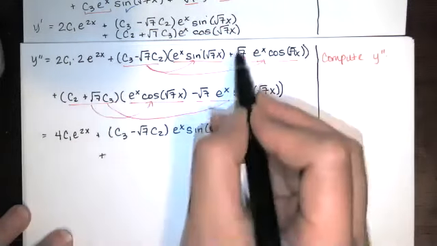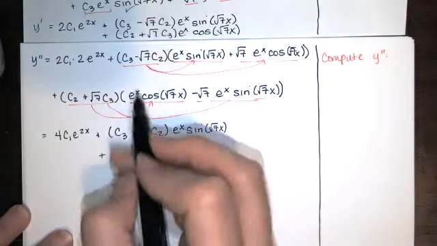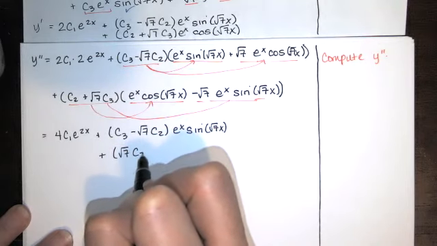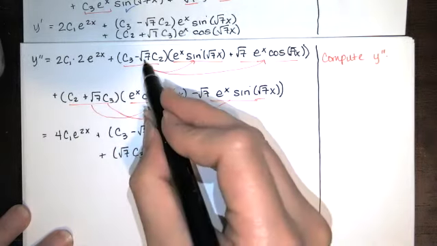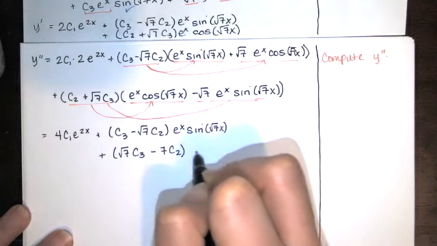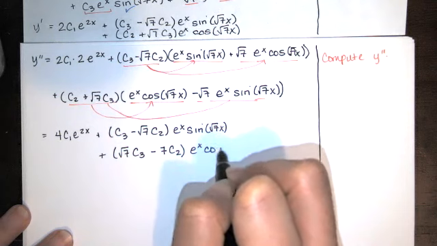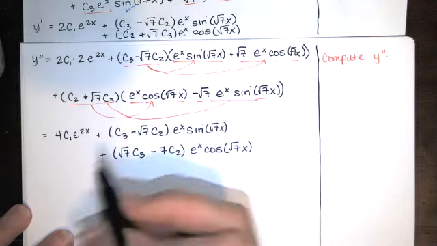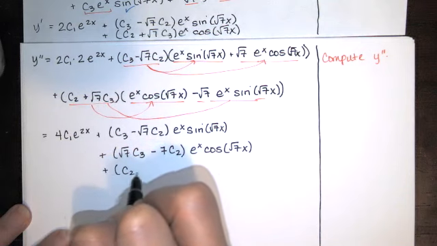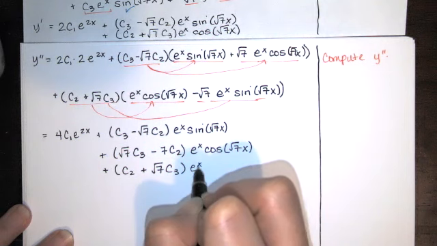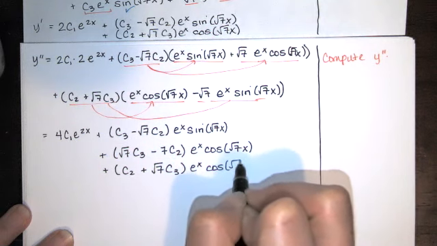So I'm going to distribute that square root of 7 to here. Square root of 7, we'll have square root of 7 times c3, and then square root of 7 times a negative square root of 7 is a negative 7 times c2 times that exponential times the cosine function. And then down here, we've got c2 plus square root of 7 times c3 times the exponential times the cosine function.